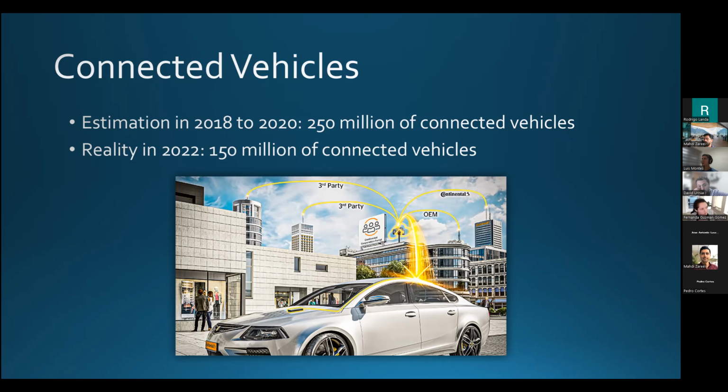That was because of the pandemic, when all the producers downsized the production of cars, but there is still a huge amount of connected vehicles right now, and in the US alone there are a lot of connected vehicles.